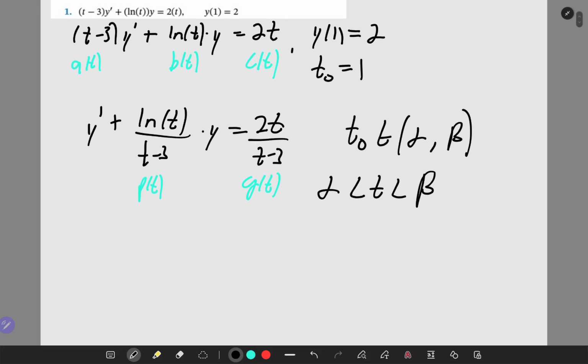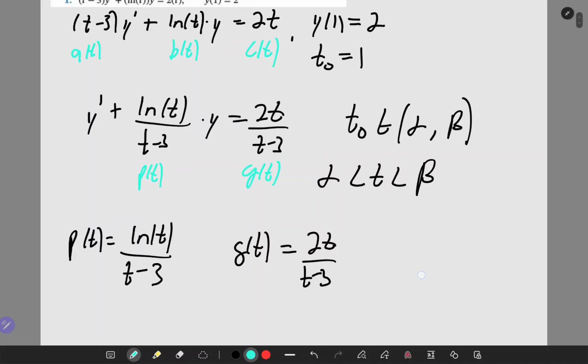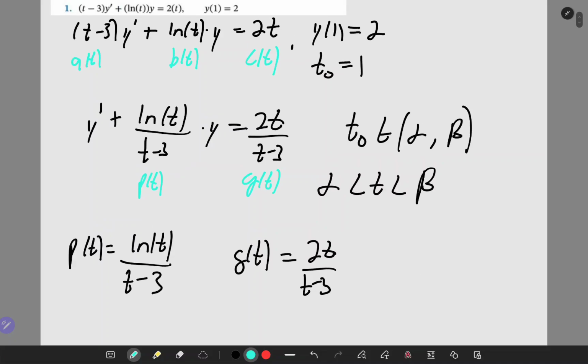To do this, I'm going to separate p of t and g of t, and we're basically just going to look at the domains of these two functions. For p of t, the t in the numerator, the natural log, has to be greater than 0.